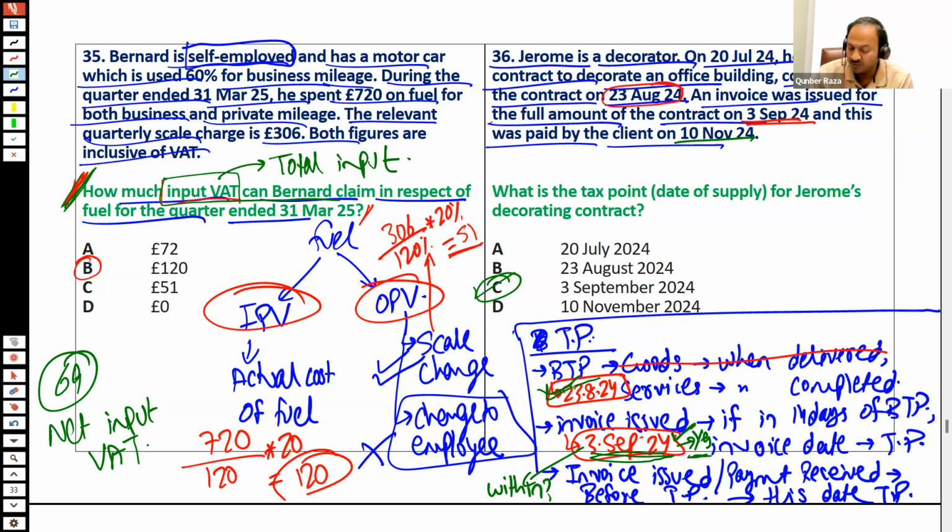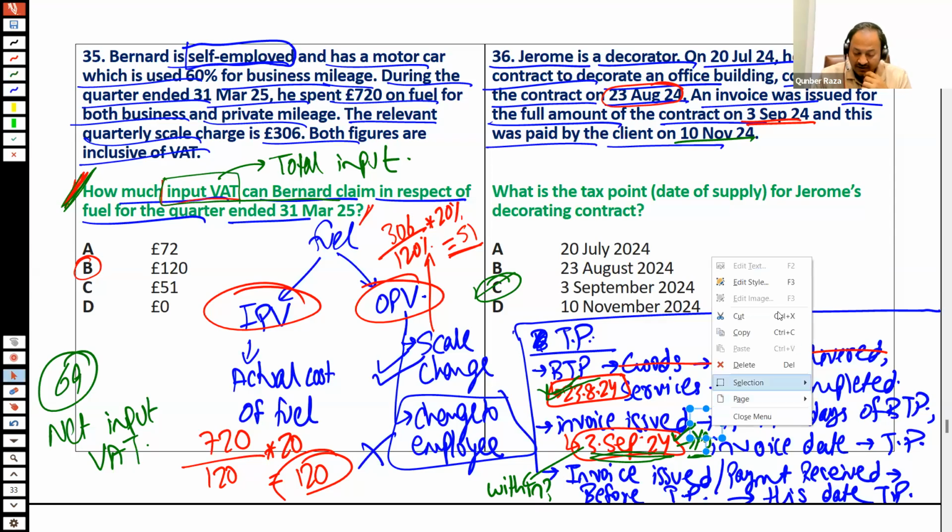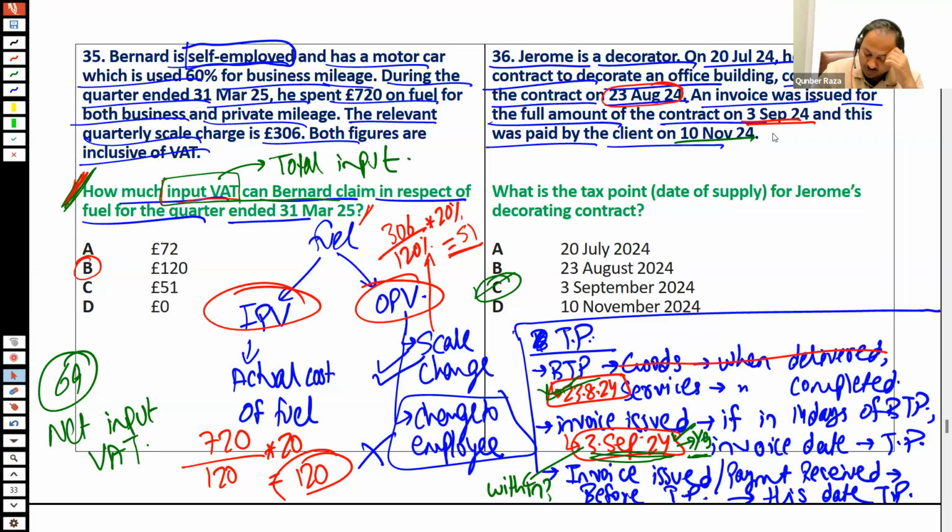So invoice date becomes the tax point, basic tax point ignored. For the third point, is invoice issued or cash received before basic tax point, or after? Very clearly after basic tax point. That's why payment date cannot be the tax point over here.